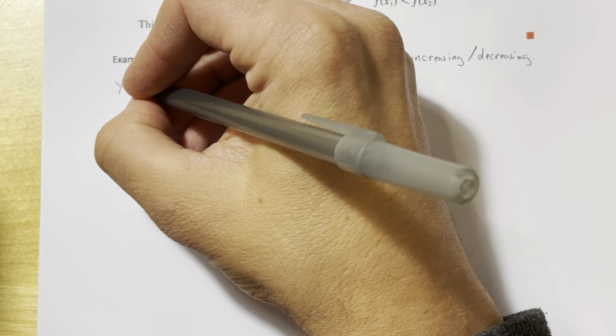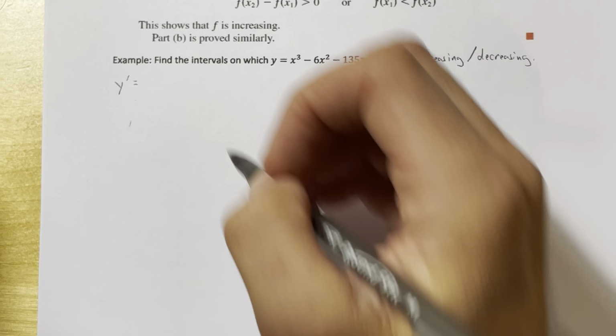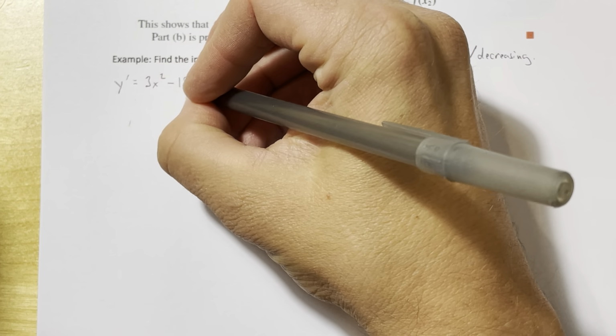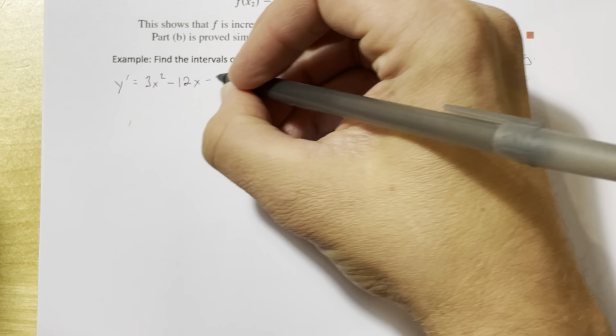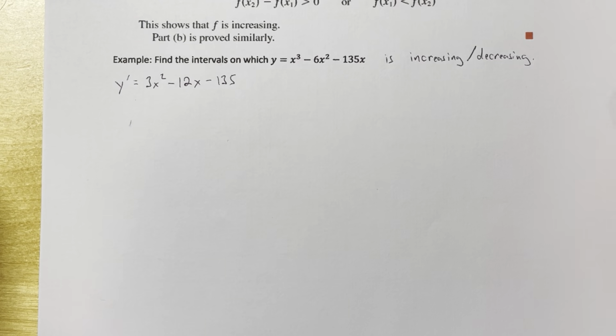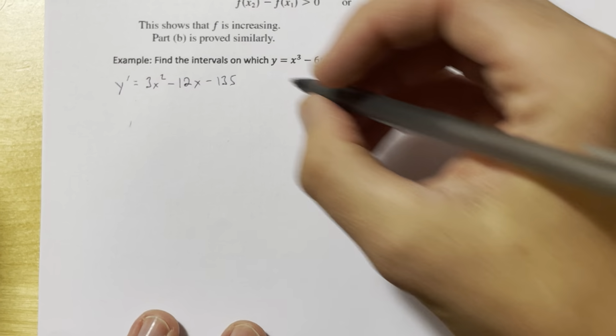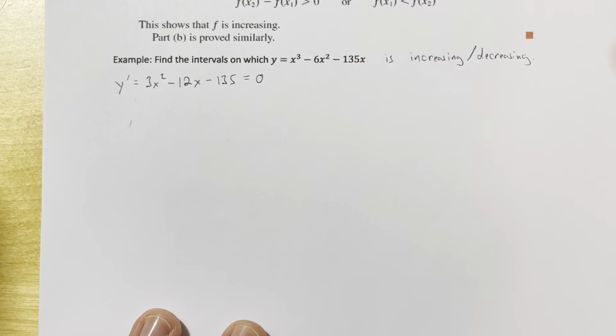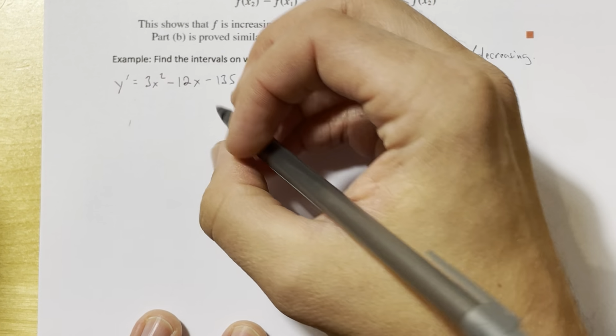Okay, y prime is equal to, this is a very straightforward one, 3x squared minus 12x minus 135. Okay? And then what I'm going to do is, before I start looking for positive and negative, I'm just going to start by setting it equal to 0.